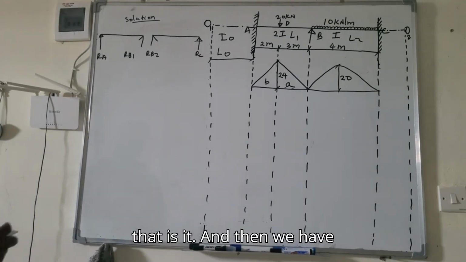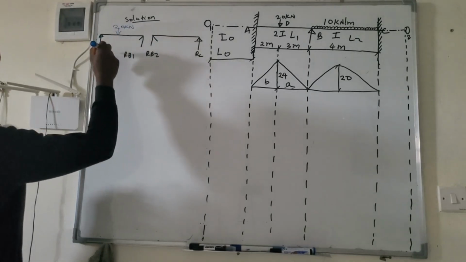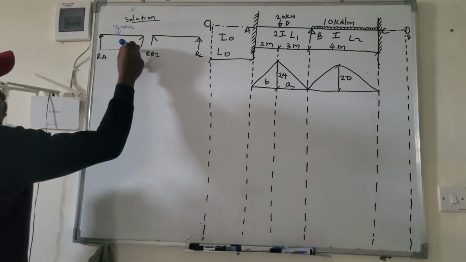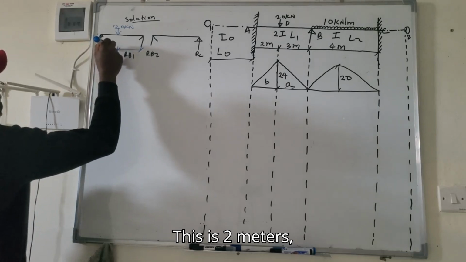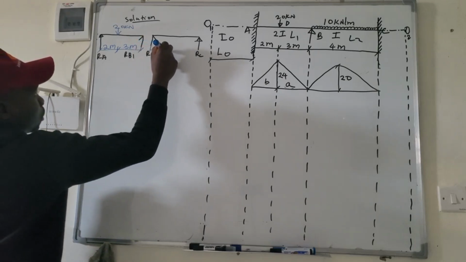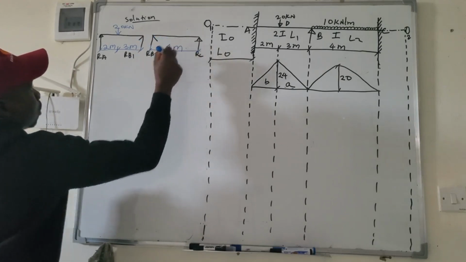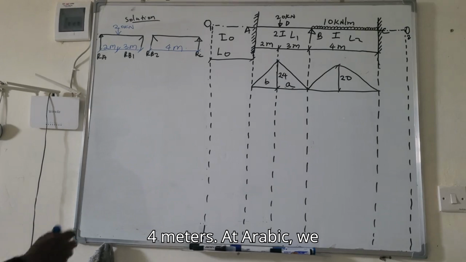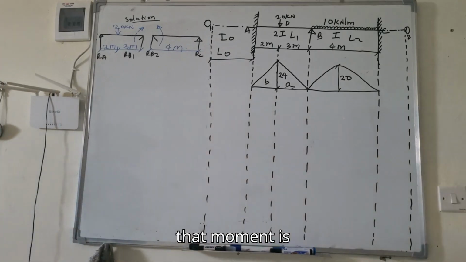So that is it. And then we have 20 kilonewton. This is 2 meters, 3 meters, 4 meters. At RB, we have a moment, and that moment is 20.205.